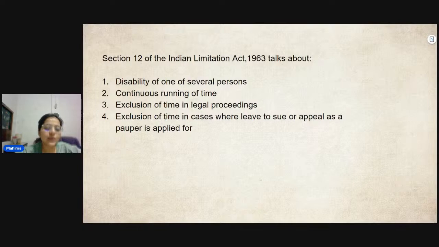Section 12 of the Indian Limitation Act talks about disability of one of several persons, continuous running of time, exclusion of time in legal proceedings, and exclusion of time in cases where leave to sue or appeal as a pauper is applied for.